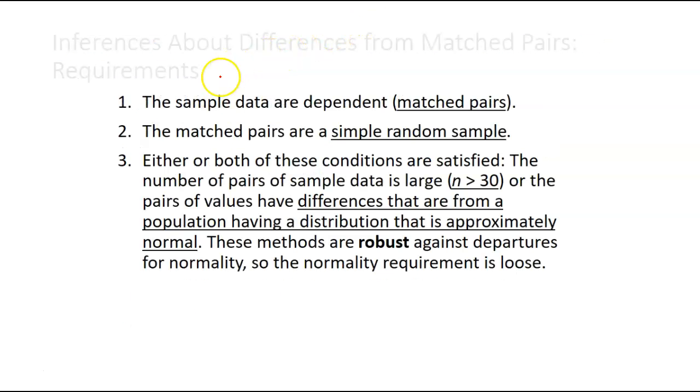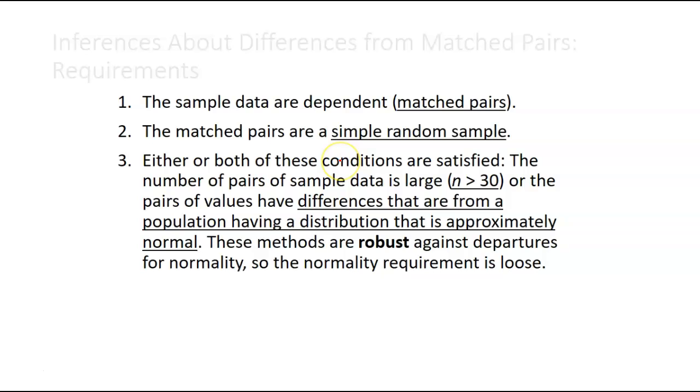Okay, so as far as the requirements, the data is going to be dependent and it's going to be matched pairs. It still needs to be a simple random sample, and either the number of pairs is large, which means n greater than 30, or they have differences that are from a population with a distribution that's approximately normal.